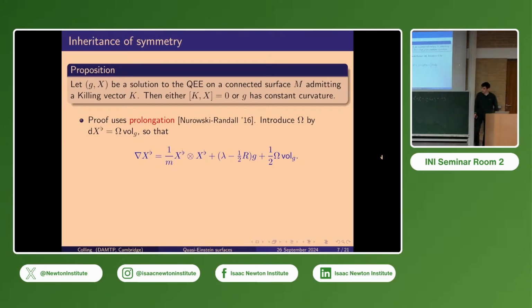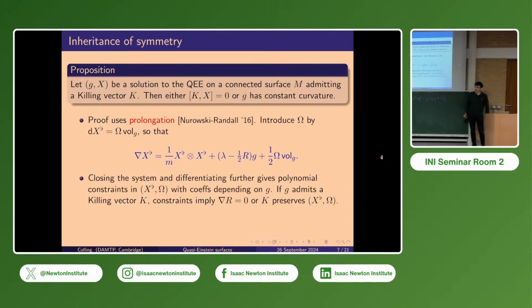Then we have closed our system, and we can continue differentiating to get constraints. The first constraint is given by differentiating the expression for d omega. This was already done by Nurovsky and Randall. However, we will also need the second and third constraints, which you can get by further differentiating. Of course, you could go on and on, and the formulas will get more and more complicated. It turns out that 3 constraints is enough.